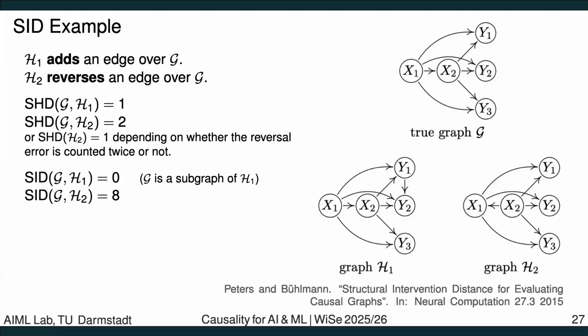If you have smaller graphs and you care not only about the structure, but really about what you want to do with the graph afterwards, if you want to use it for prediction, then you want to compare your new algorithm on a test set or whatever with SID, because it gives you much better estimates of how right or wrong you will be in your final causal queries.